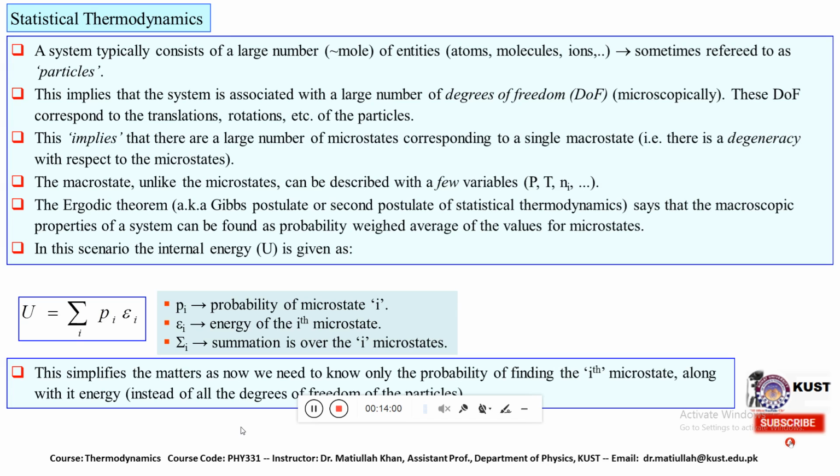We need to sum up the values, as in the simple equation for the internal energy of a system: U is equal to the summation of p_i epsilon_i, where p_i is the probability of microstate i, epsilon_i is the energy of the ith microstate, and the summation is over the microstates. This simplifies the matter, as now we only need the probability of finding any particular microstate.